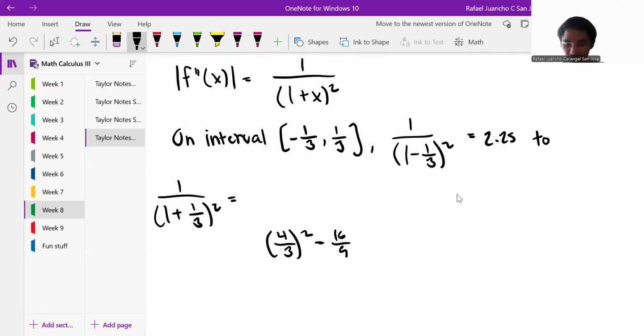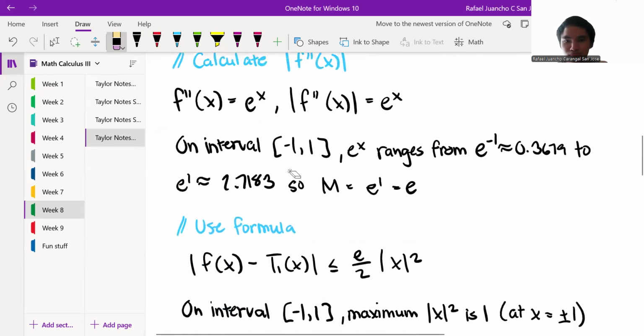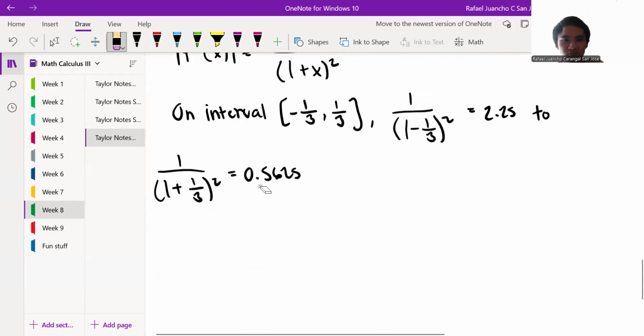And that's gonna be, oh, so it's the other way around. So we have that. So my M is actually the greater one, 2.25, right? That's my M.